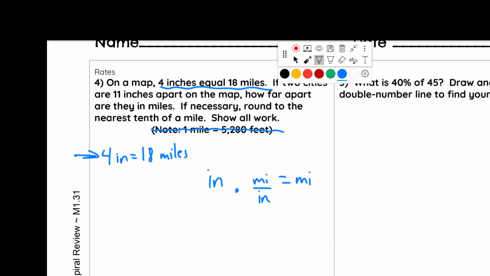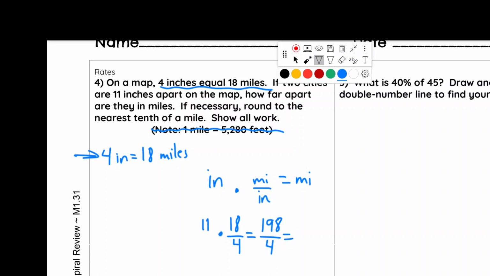Okay, so I start with 11 inches times 18 miles per 4 inches. 11 times 18, and again this is a rate question, so I'm going to get my calculator. 11 times 18, that's 198 divided by 4, and put that into the calculator.